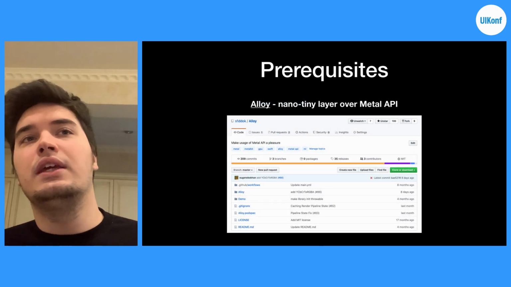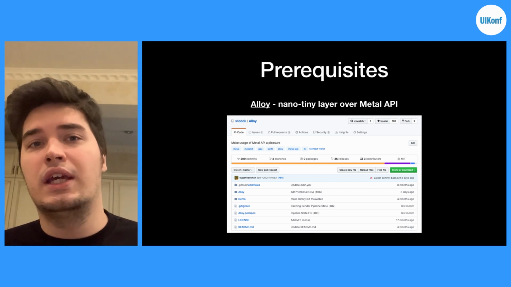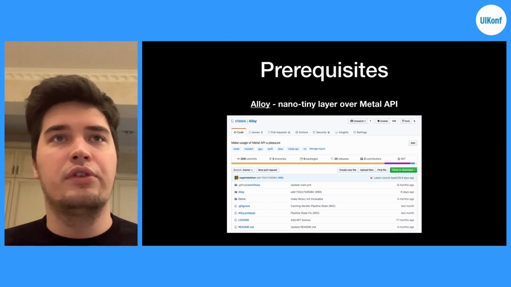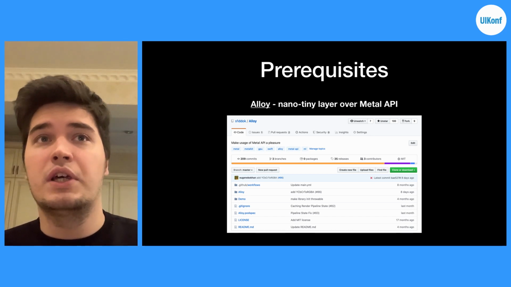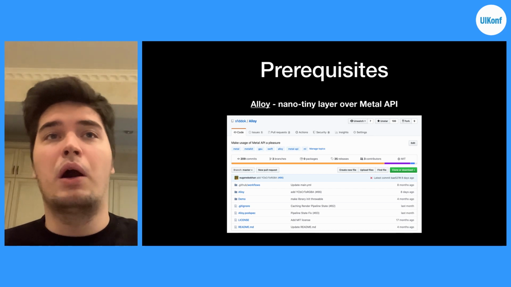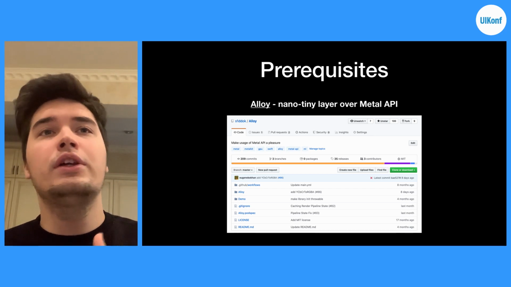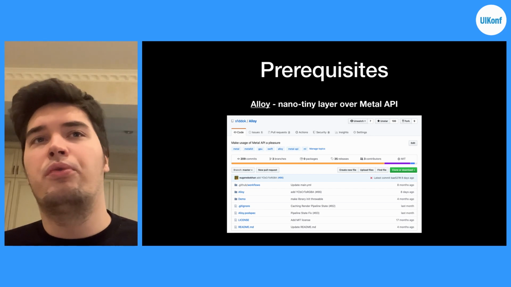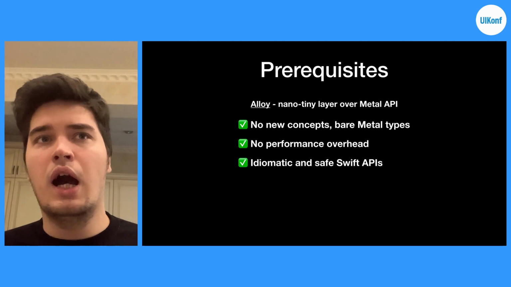And we'll see how we can use GPU shaders today, because this is the simplest concept and the most powerful one at the same time, because it is what powers machine learning, for example, on iOS. I'll use my library, which I have developed for multiple years already, called Alloy. But don't be scared.